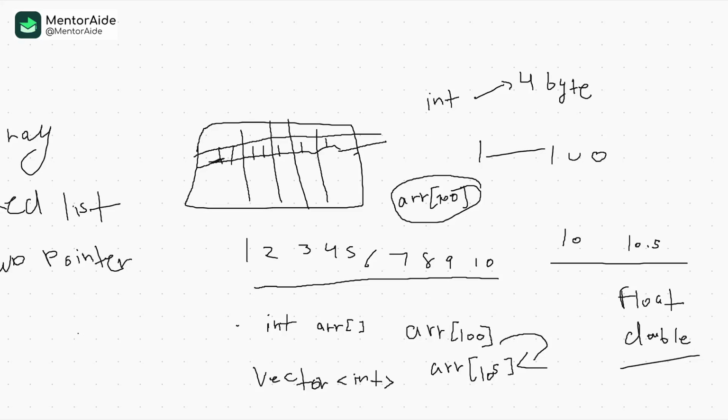That's why you are able to access the next element just by increasing the index, because it is one after another: 0 index, then 1 index, then 2, 3, 4, 5, 6, 7. So that's how it works. If it is clear, we will move on to the 2-pointers question for now.